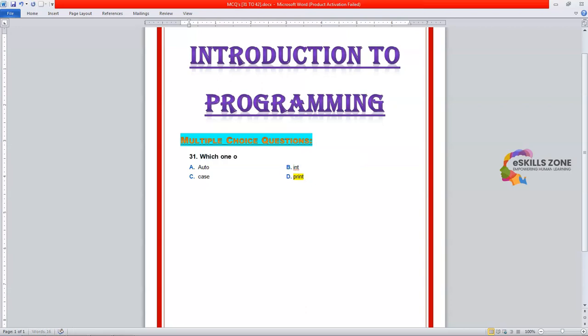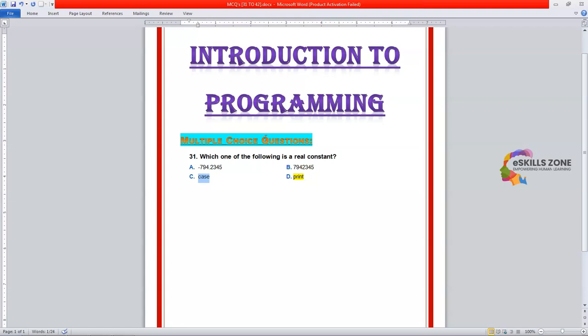Which one of the following is a real constant? Option A, -794.2345. B, 794.2345.